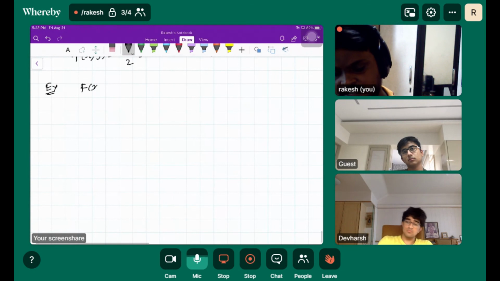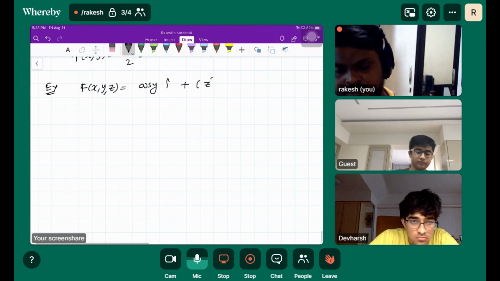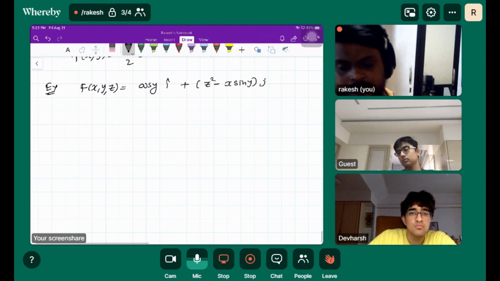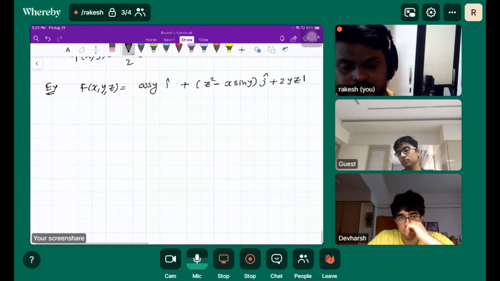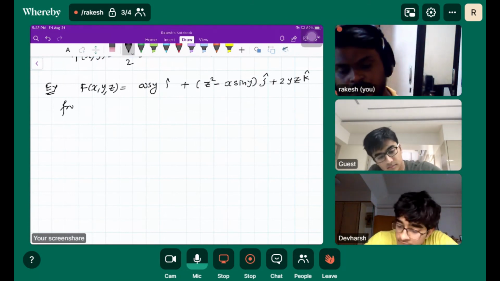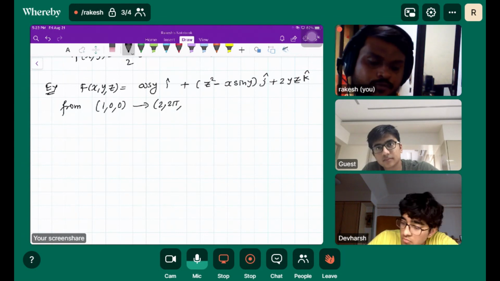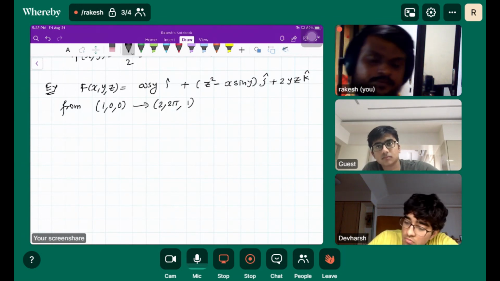F of x y z is equal to cos y i cap plus z square minus x sin y j cap plus 2yz k cap, from 1 comma 0 comma 0 to 2 comma 2 pi comma 1.